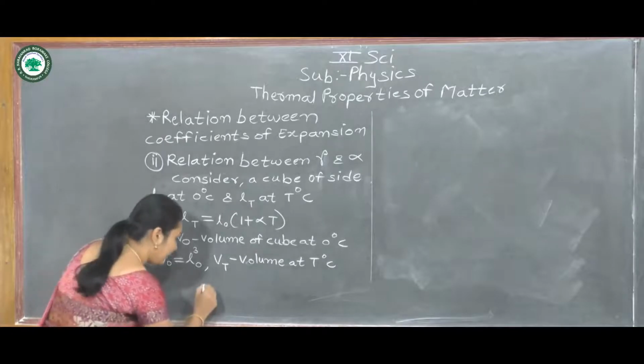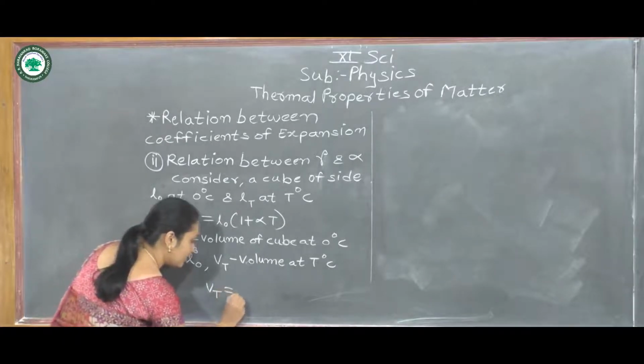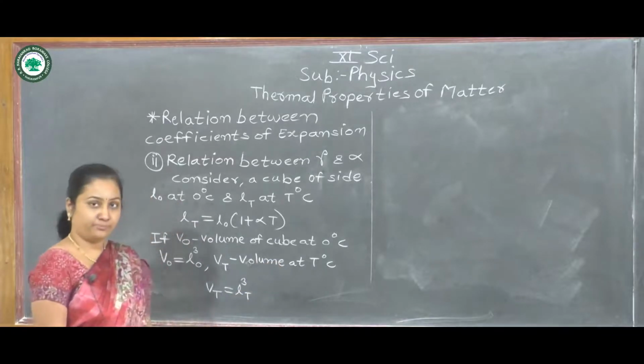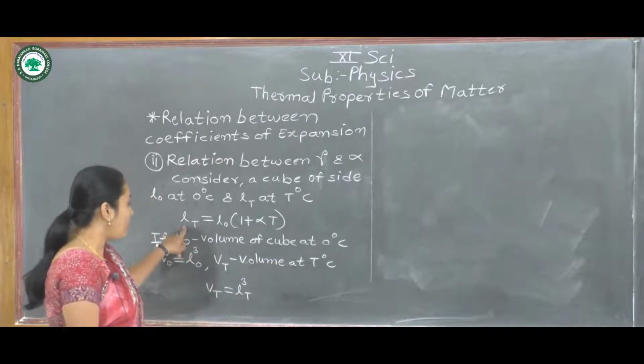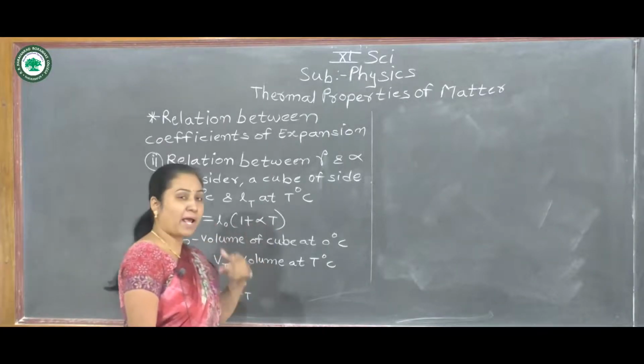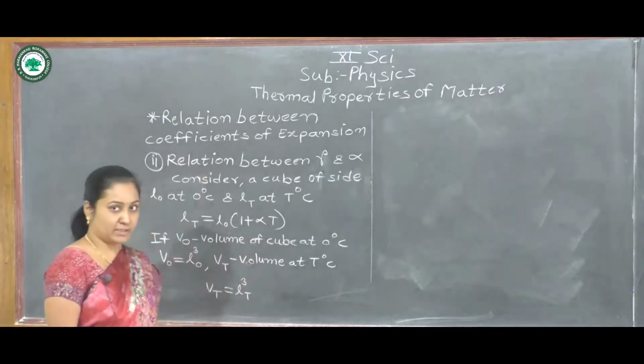So we can write Vt is equal to LT cube. We have the formula LT is equal to L0 in bracket 1 plus alpha t.